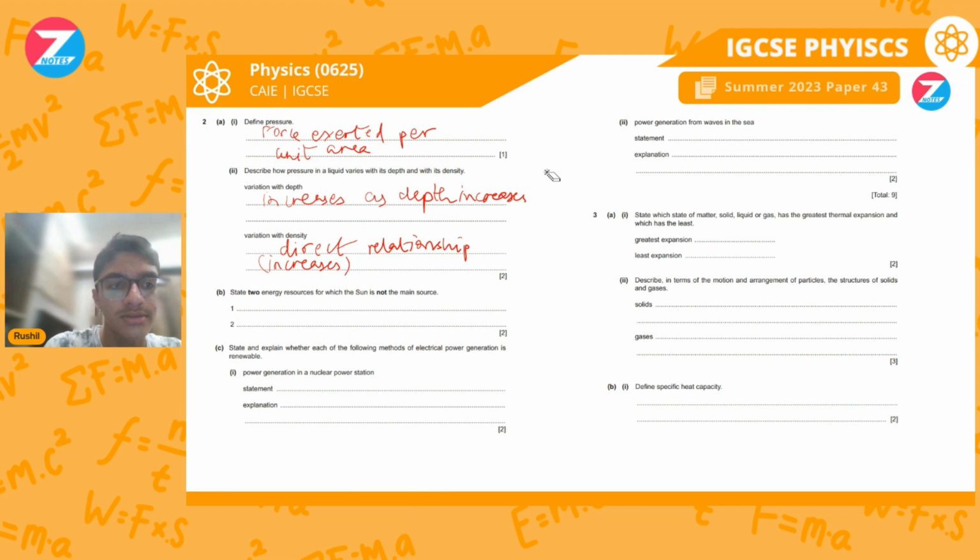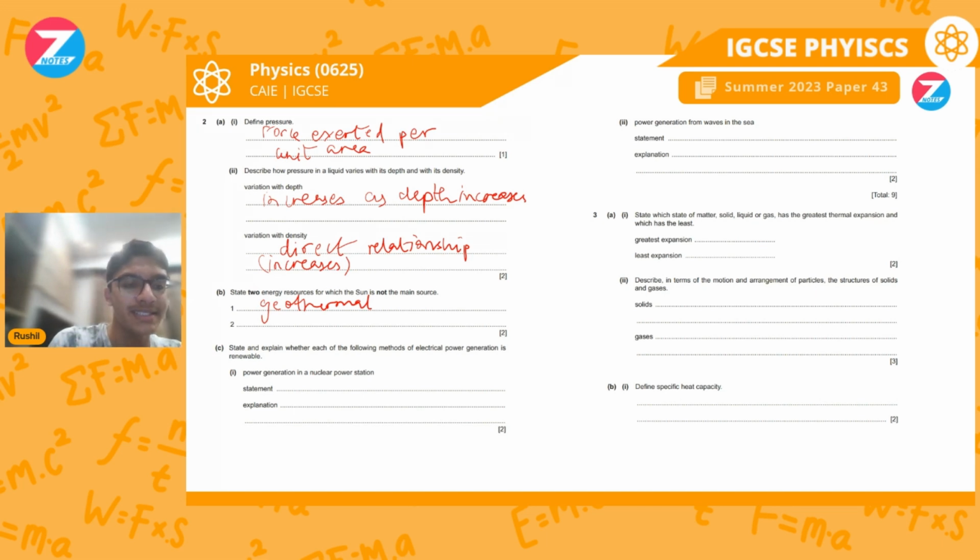All right, so part B asks us to state two energy resources for which the sun is not the main source. So we have three actually, so we can write any two. One is geothermal, which is dependent on the heat of rocks underground below the Earth's surface. That's been there since the Earth was formed, so that's not related to the sun.